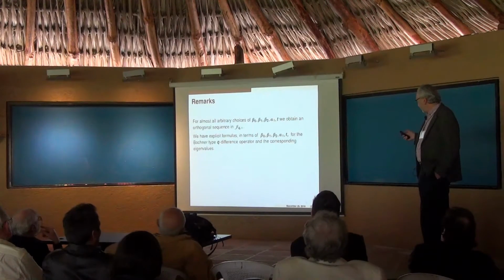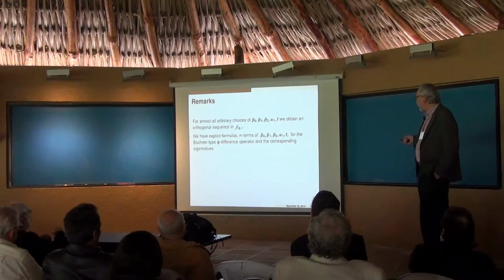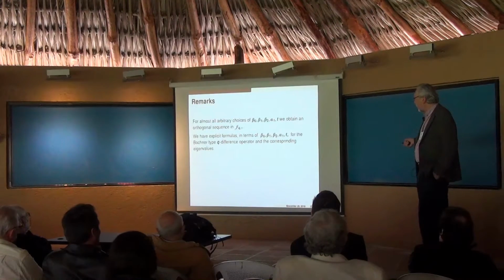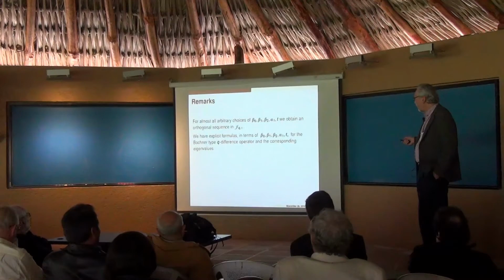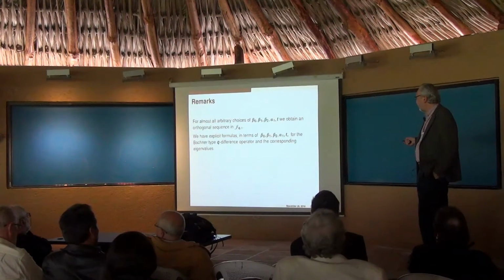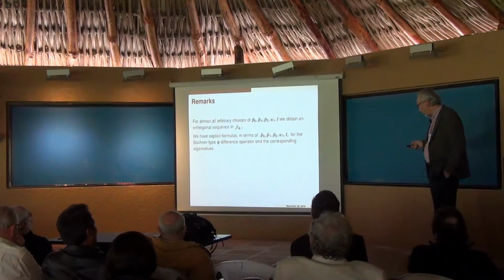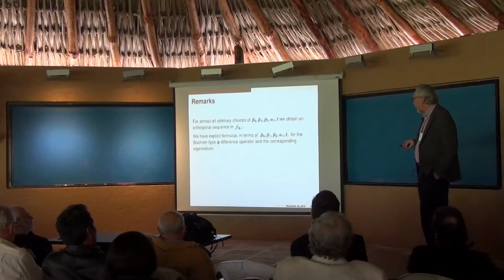And from these formulas, we can also get the formulas for all the ingredients in the q-difference operator of Bochner type that are satisfied by the sequences when they satisfy a difference equation on the linear lattice.